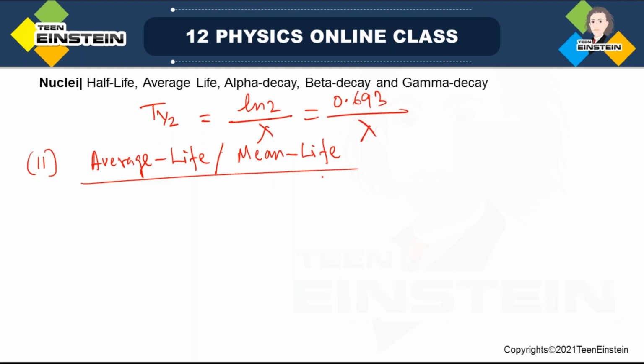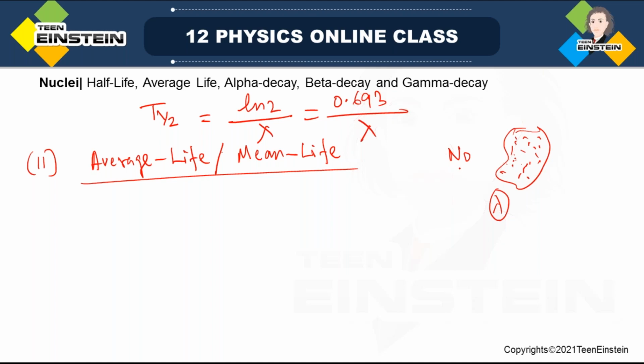You might be thinking, sir, why this average or mean lifetime? See, I have n number of nuclei. You have a substance with N zero number of nuclei initially. All of them have a particular lambda.